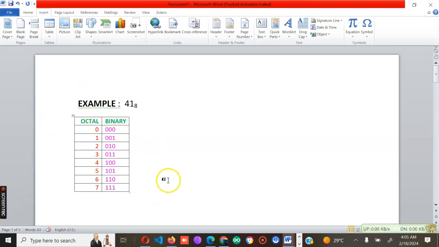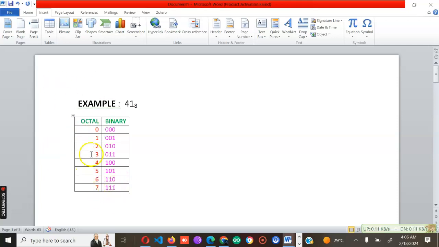This is my conversion table, so you need to be conversant with this one. For number 0, it's supposed to have in the binary 3 zeros. For 1, it's 0 0 1, 2 is 0 1 0, 3 is 0 1 1, 4 is 1 0 0, 5 is 1 0 1, 6 is 1 1 0, 7 is 1 1 1.